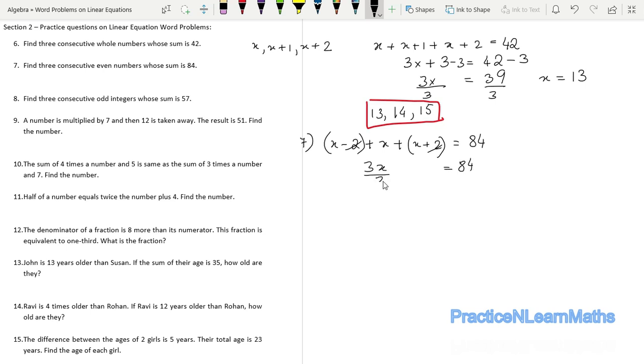Divide both sides by 3. We get x is equal to 28. So, the 3 consecutive even numbers are 26, x minus 2, 28, x, and 30, x plus 2. That's the answer.